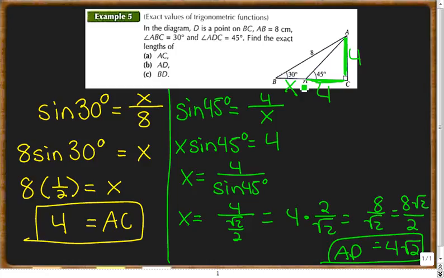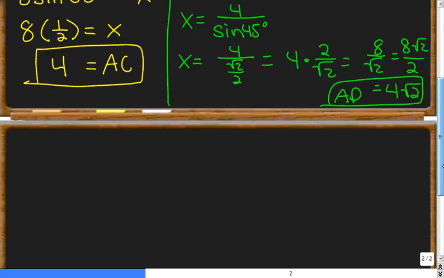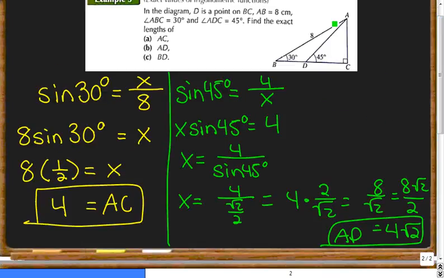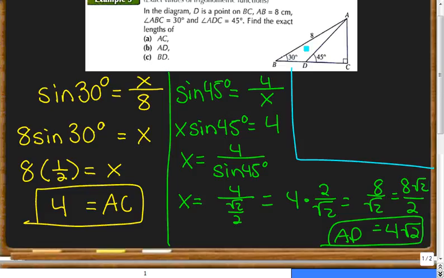So if we're looking for this part here, we can relate the two of them together and find this out. Follow me here. I'm going to do some of this problem on the next page. We know that this is 4, we know that this is 4, and we're going to call that x.